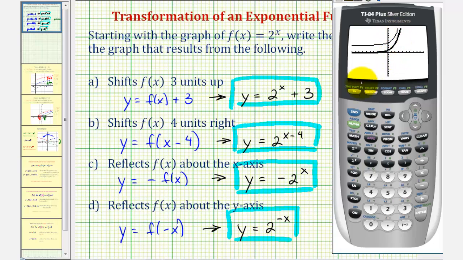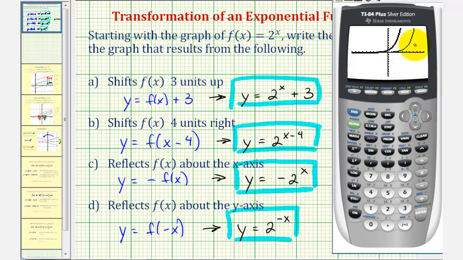and there's our graph shifted up 3 units. So that's correct. Let's go ahead and check B. So press y equals, go down to y2, and we're going to clear this and enter 2 raised to the power of, in parentheses, x minus 4. This should shift the graph right 4 units. So press graph. Again, there's the parent function or basic function, and there's the graph that's shifted right 4 units.